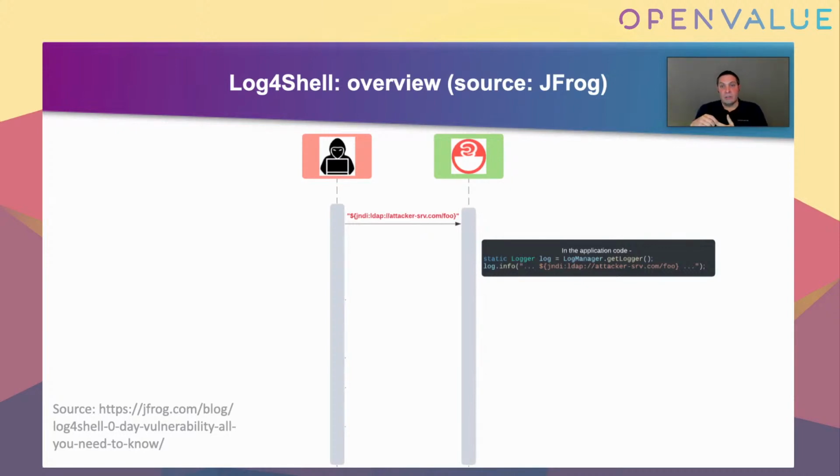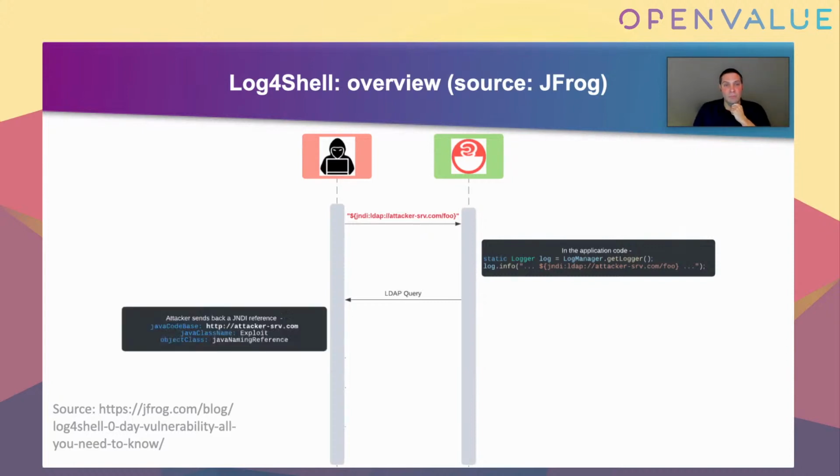So what happens here is, let's say that we're logging the request parameter or request URL, then this message gets parsed by Log4j. And it results in an LDAP query being done to the URL in the JNDI request. So it's going to make an LDAP query to attackerserve.com.